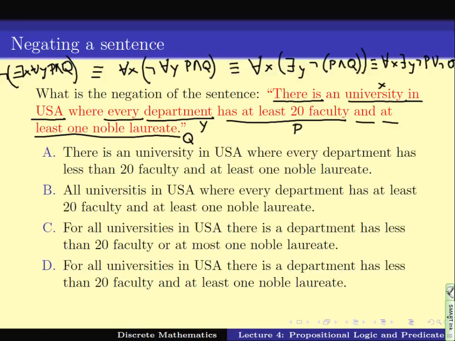So the right answer is C, that means for all universities in USA, there is a department that has less than 20 faculty or at most one Nobel laureate.